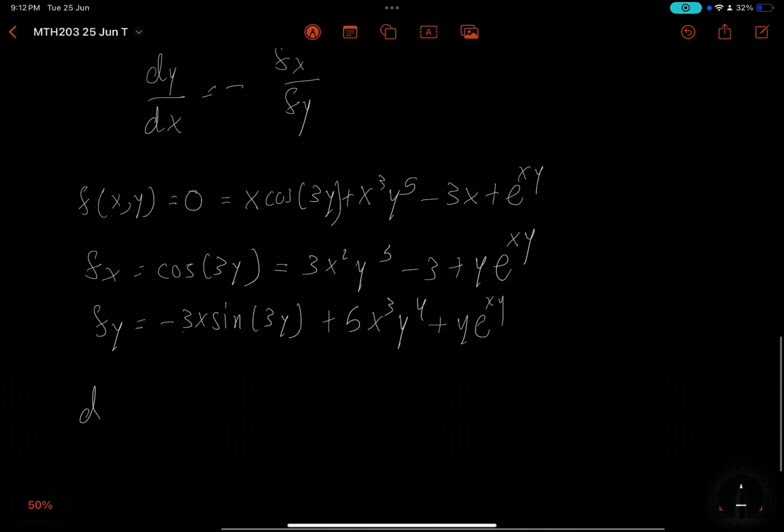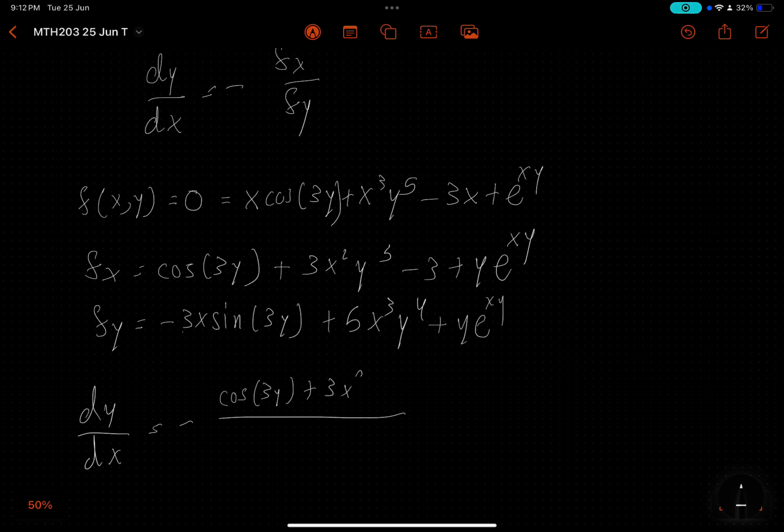So dy over dx is basically minus, so this is positive cosine of 3y plus 3x squared y to the 5 plus y e to the xy minus 3, over minus x sine of 3y plus 5x to the 3 y to the 4 plus x e to the xy.